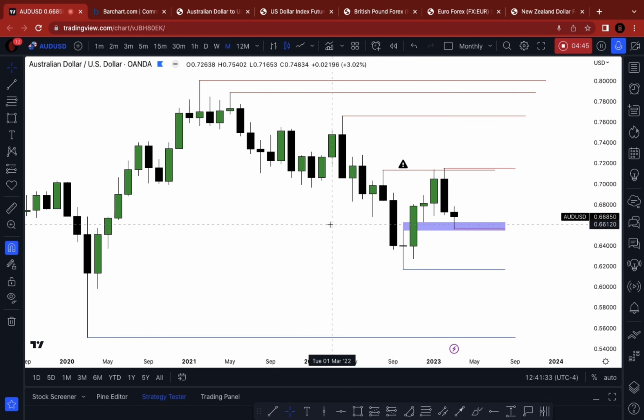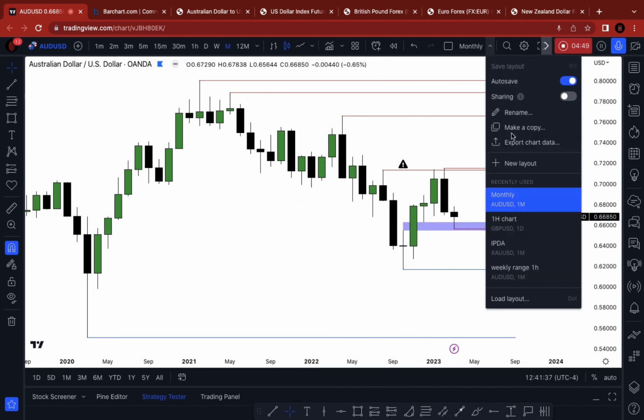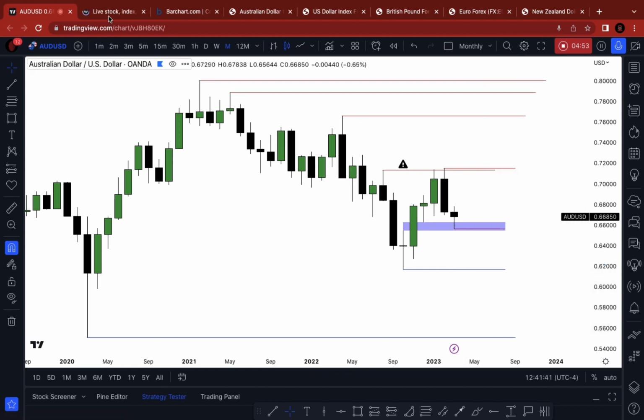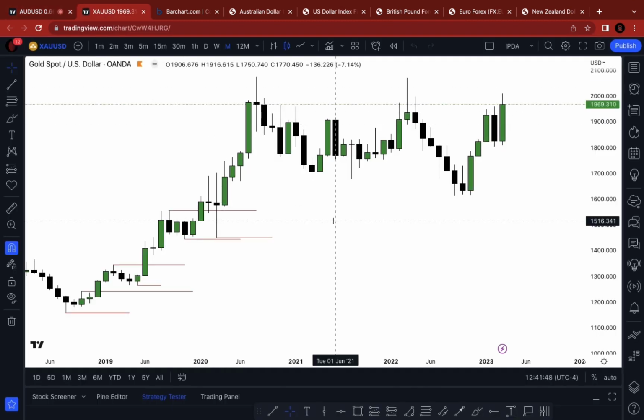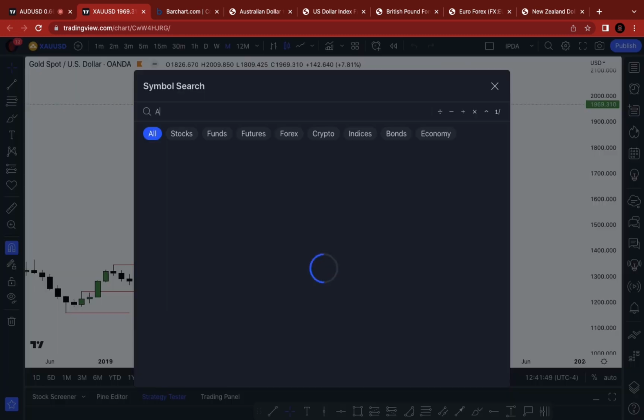And then moving forward, what I do is I would then try to break down IPDA. So I'm going to come down, I'm going to open up my IPDA template, and I'm just going to see what levels do I have going into the month of April. So we're going to be looking at Aussie USD.